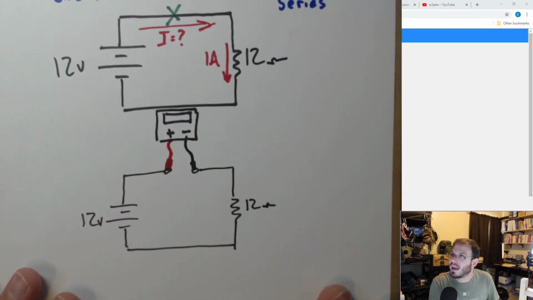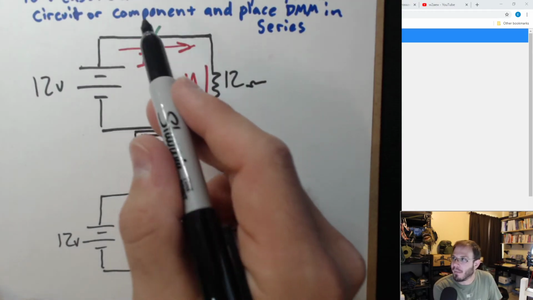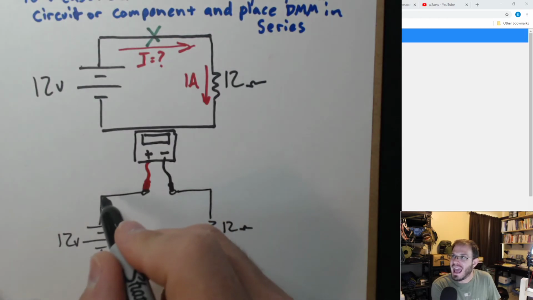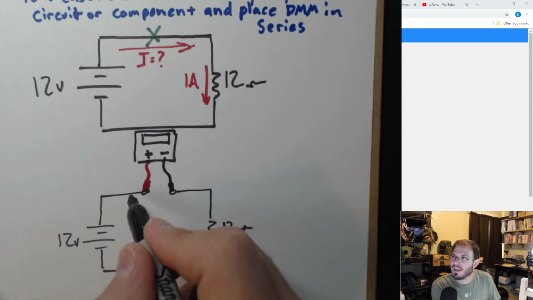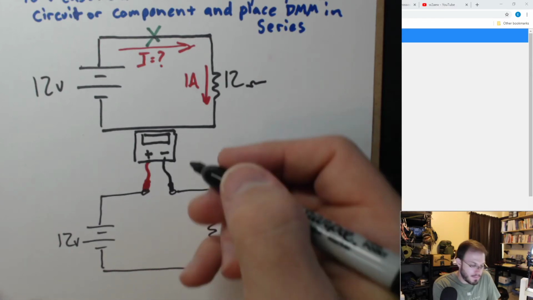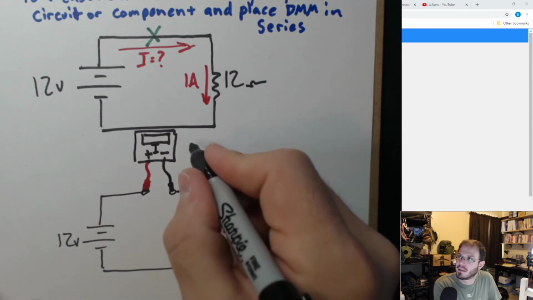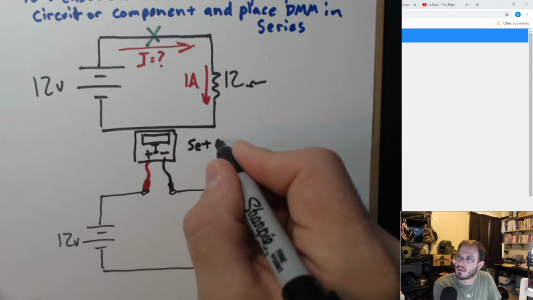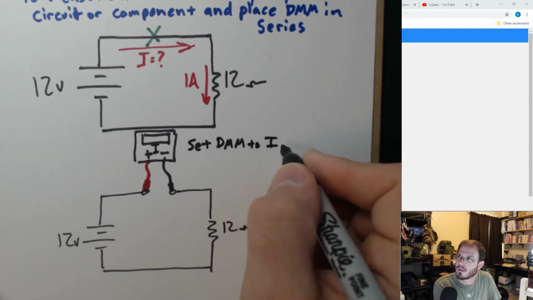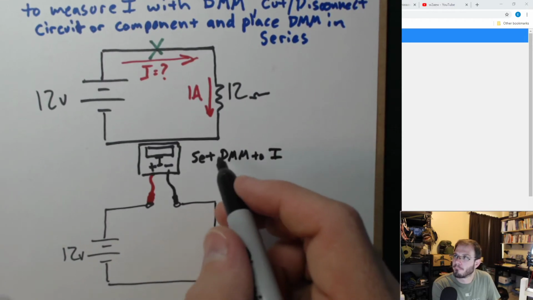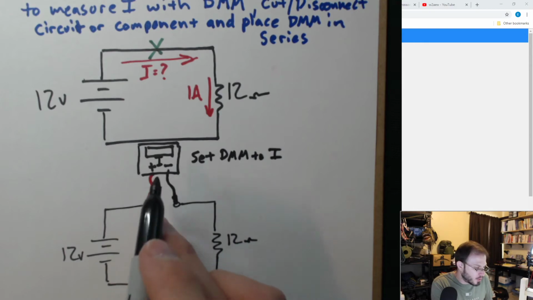Okay, you see what I did there? I put a disconnect. I cut my circuit. I opened it up and I finished closing my circuit again using my multimeter set to current. Okay? So we are completing the connection with our multimeter.